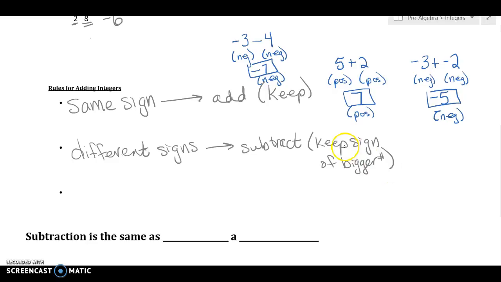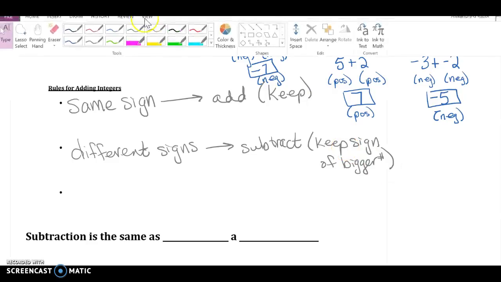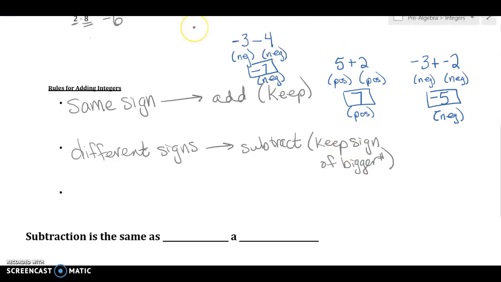Okay? Let's say I have 5 plus negative 8. This is positive. This is negative. So different signs subtract. 8 minus 5 is 3. But since this number is bigger, it's negative 3 because 8 is bigger than 5.